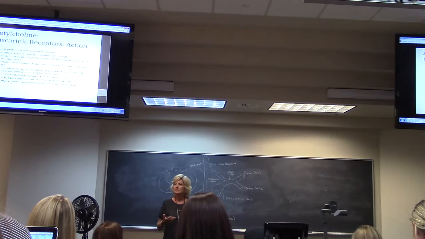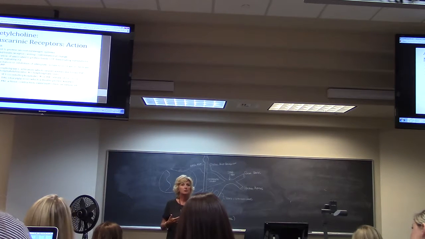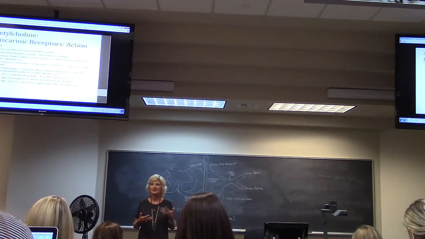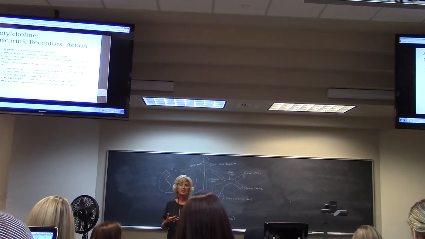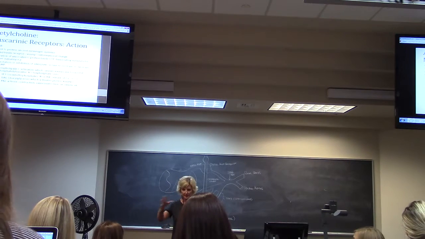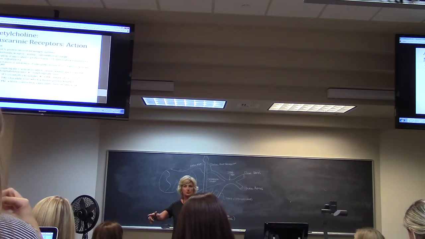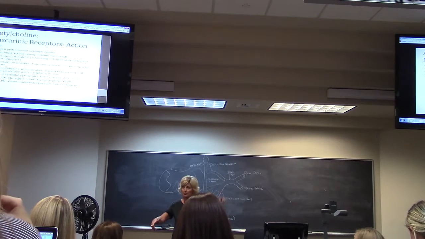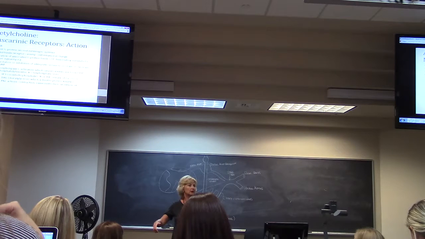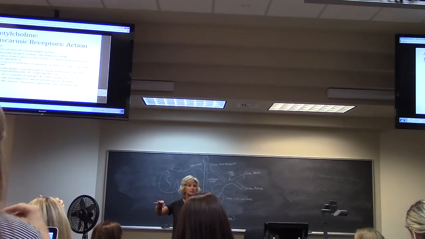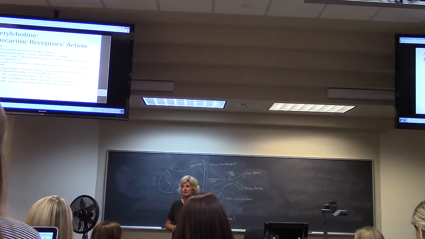The ligand will bind, and this is just completely redundant information. What a G protein receptor is, the ligand is bound by that receptor, the G protein is activated, and it activates a series of second messenger systems that will either change cyclic AMP levels up or down, or calcium levels and protein kinase C activity.